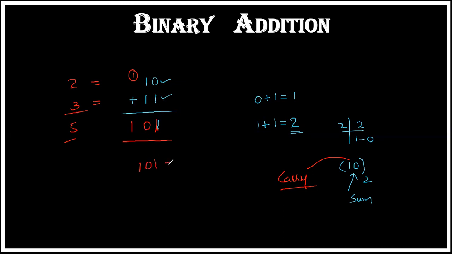It is equivalent to 5 by simply putting the base weight of each bit, which is 1, 2, 4. We will not add this 2 with this 4 because it corresponds to a 0 bit. The remaining bits will be added, 4 plus 1, which is equivalent to 5.